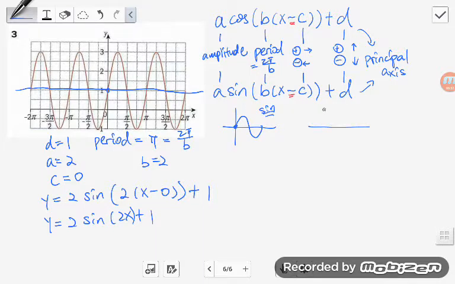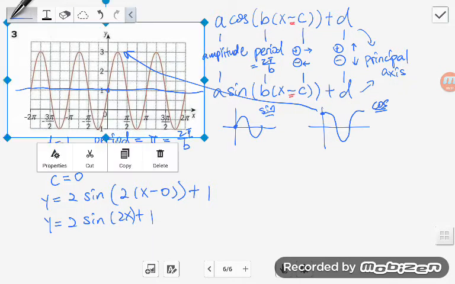Now for my cosine graph, it starts from there, comes back, goes down, and then comes back up. That's a simple cosine graph. As you can see here, this point would be that point there.